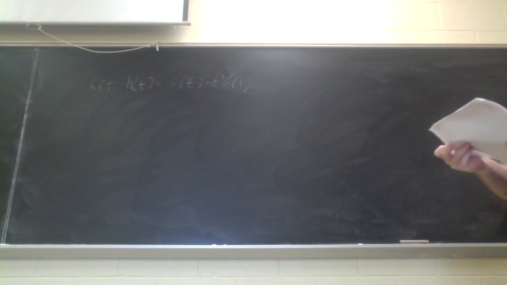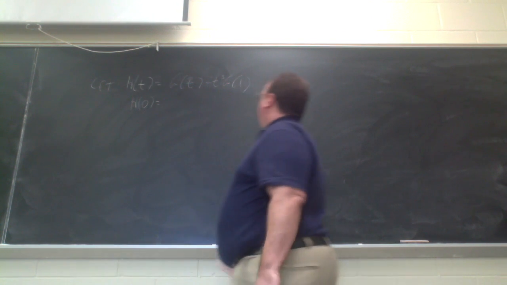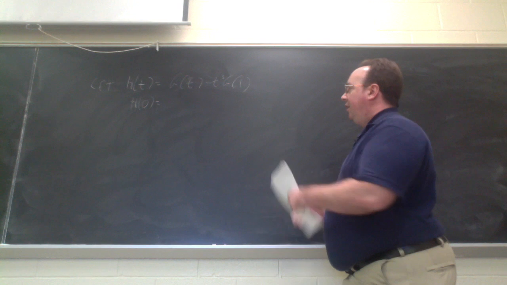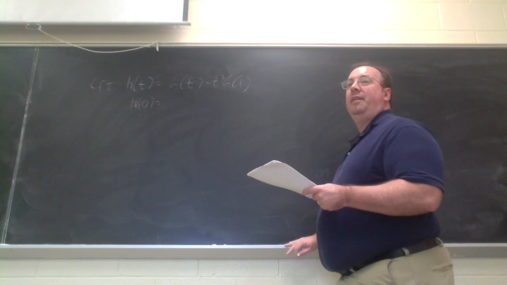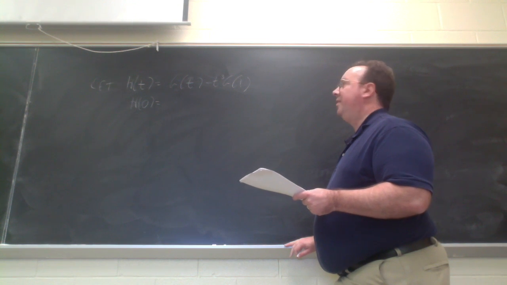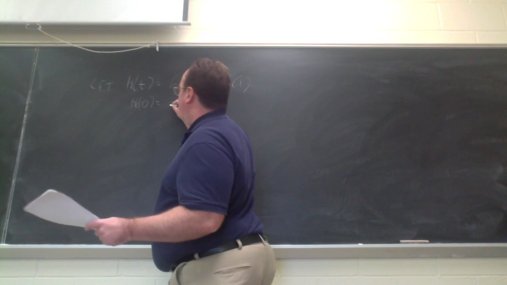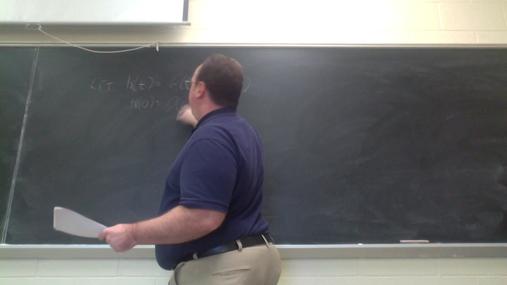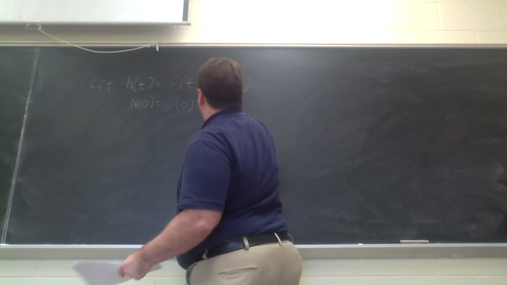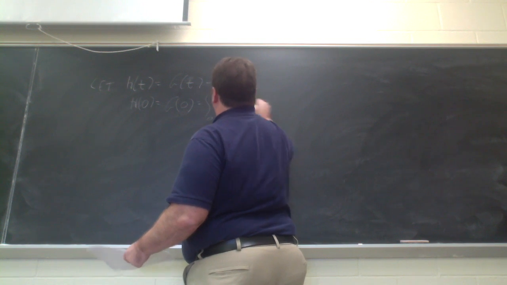Now, what is H of 0? It is 0. To see how you get there if you're not sure, this term is obviously gone. We have G of 0, but G of 0 is the integral from 0 to 0, which would be 0.